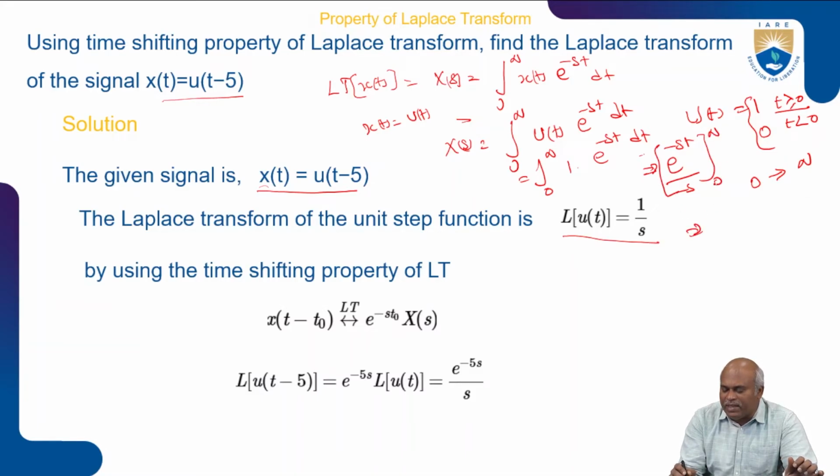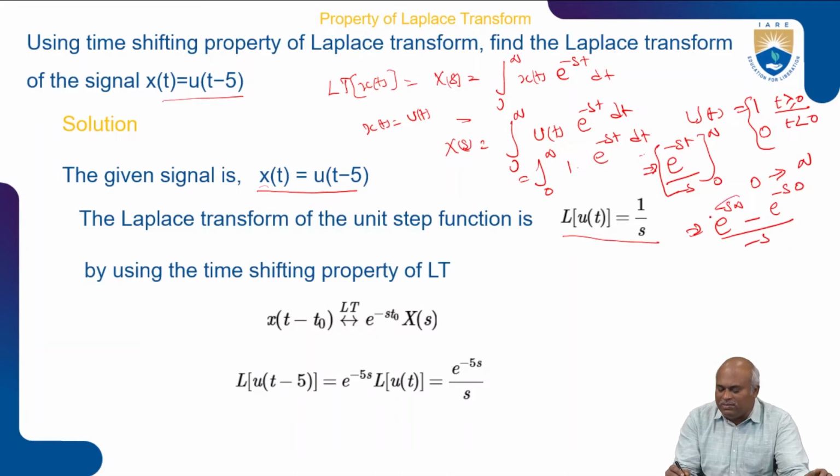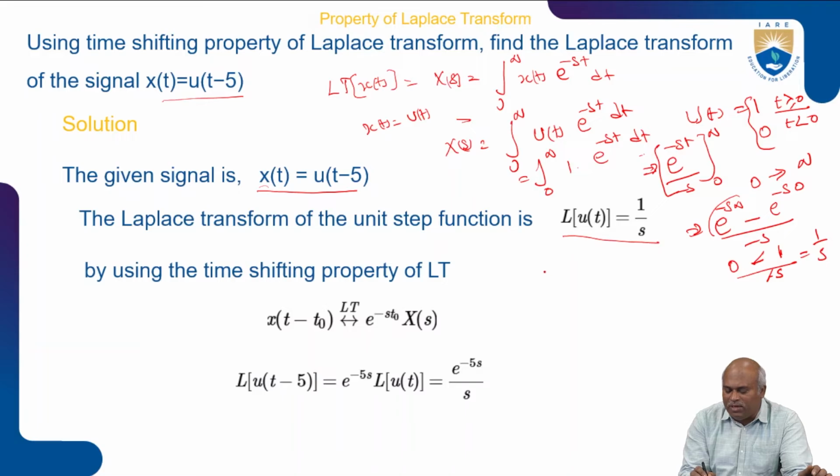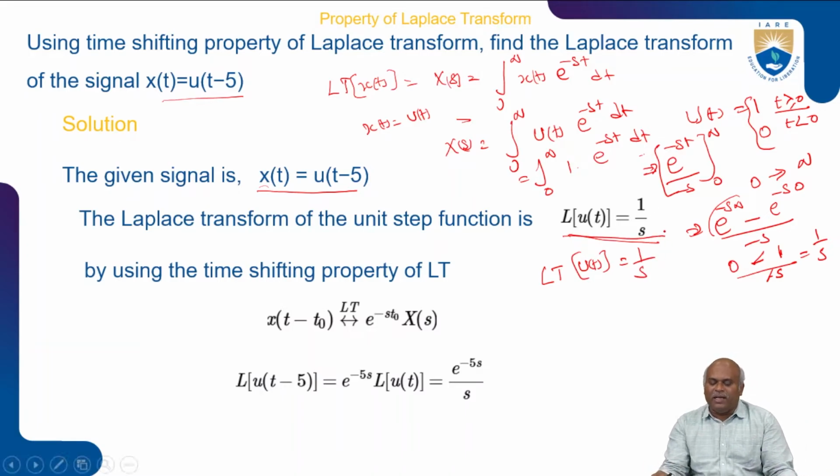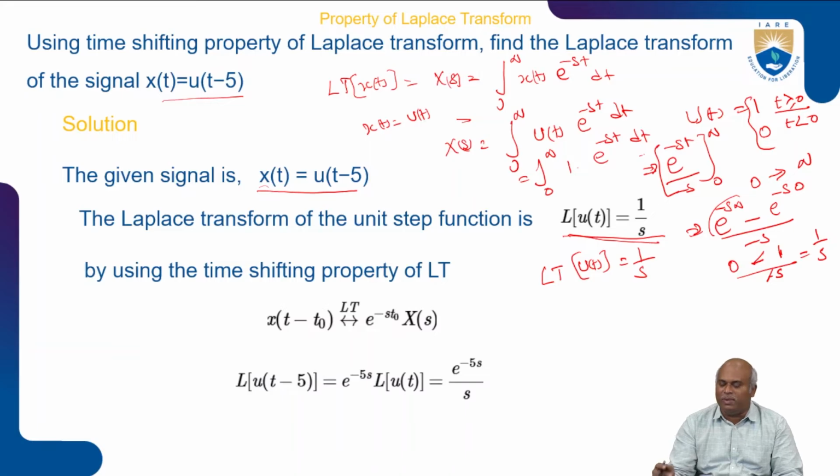In this case the upper limit gives e power minus s infinity, minus e power minus s 0, divided by minus s. Okay, so this value is 0, minus this value which is 1, divided by minus s. These two minus signs cancel, giving 1 divided by s. So now the Laplace transform of u of t is 1 by s. That's why I write here the Laplace transform of u of t is equal to 1 by s.